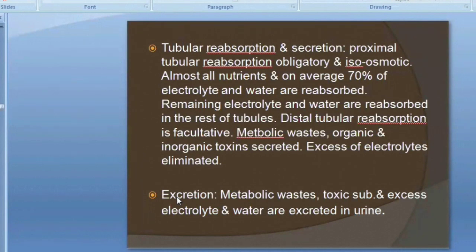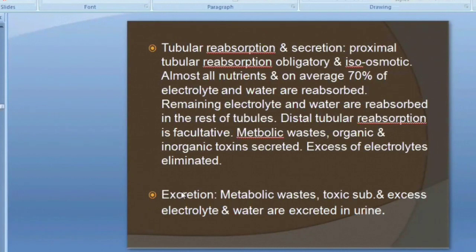Ultimately, substances which are toxic for the body, or which are in excess, are eliminated through the urine, that is called excretion. Metabolic waste, toxic substances, excess electrolyte and water are excreted in the urine.